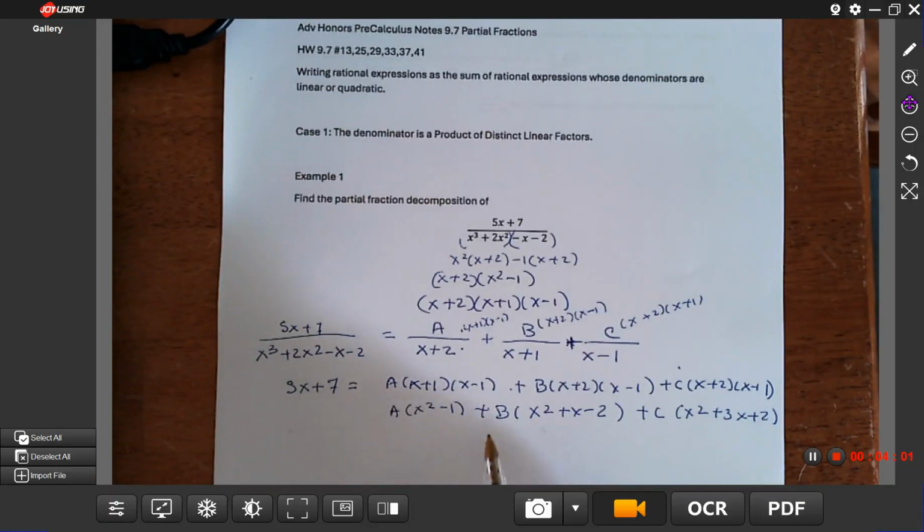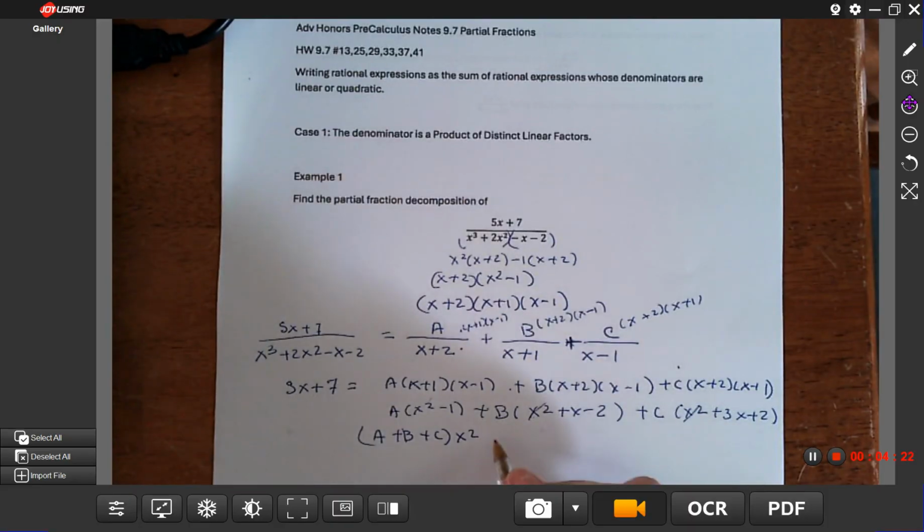So if I group the terms that have the same power of x, I'm going to get a plus b plus c times x squared. That's all the x squared terms, right?